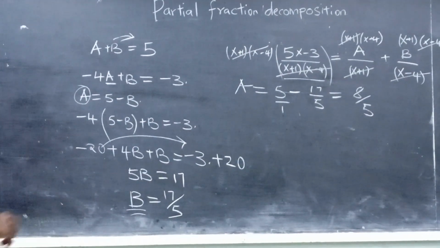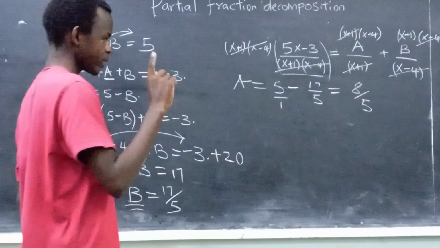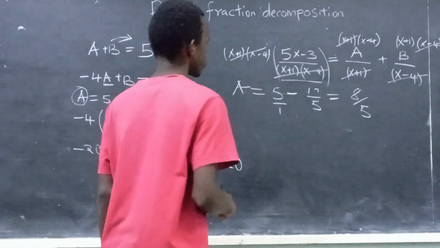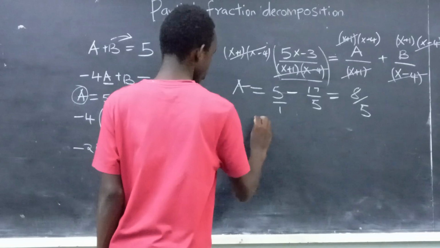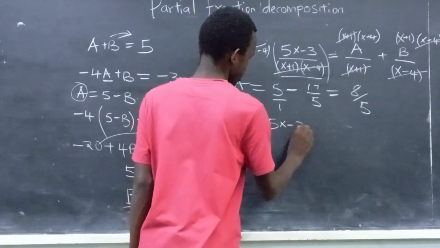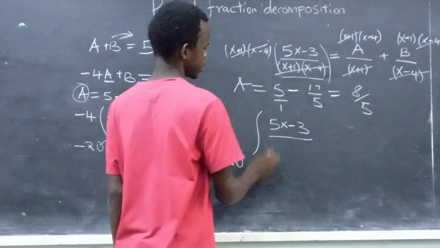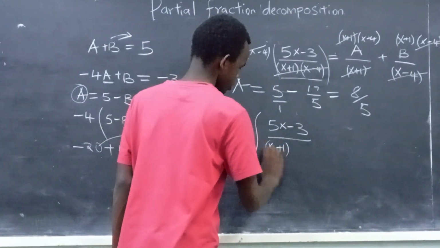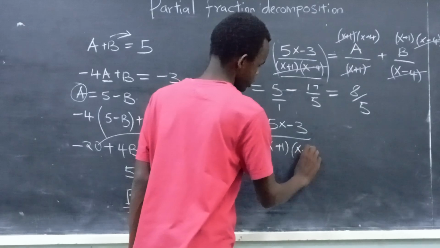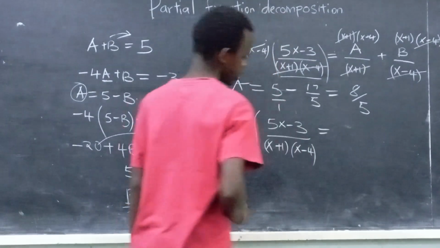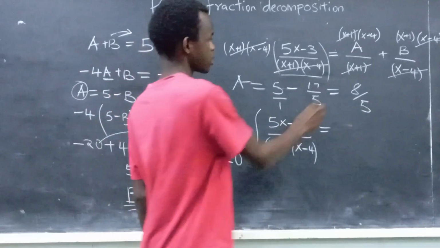So from there, keeping in mind we had dropped our integral, so I'll just write again my integral. So the first part, the integral was the integral of 5x divided by x plus 1. These are our functions that we are given. This is the integral that we are given. So I had decomposed it to this. Okay?